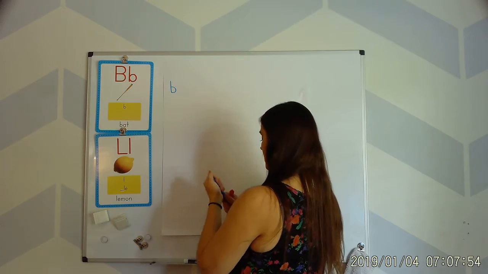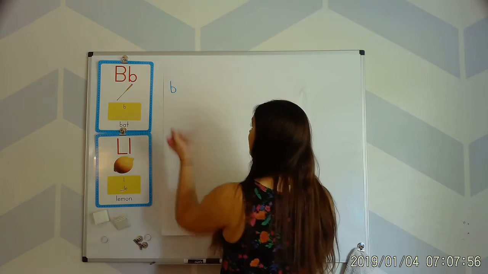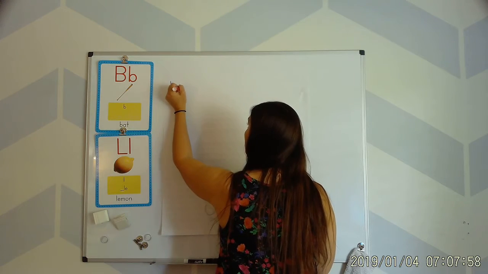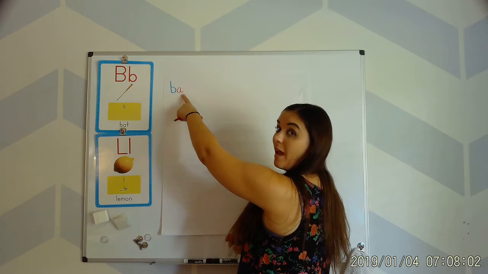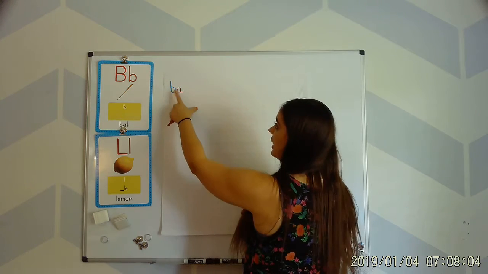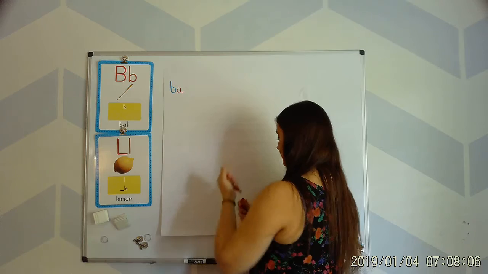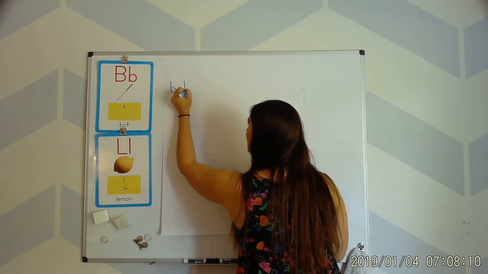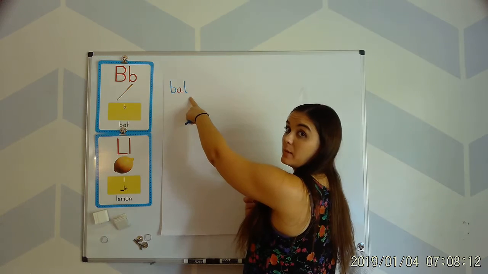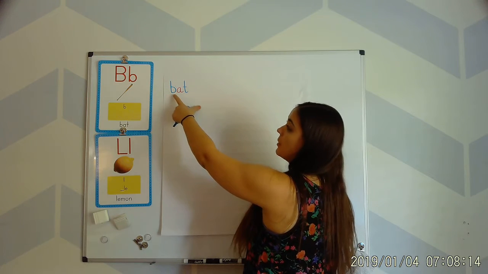Buh. And A, like the apple card, what does A say? Ba. And here's T, what does T say? Bat.